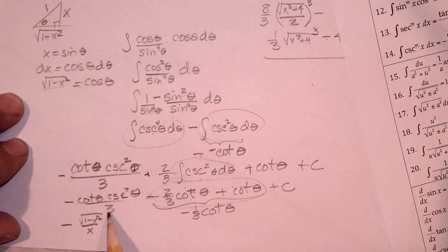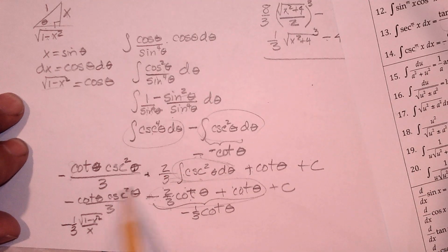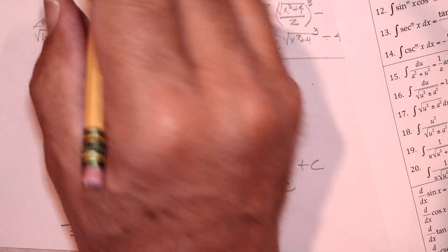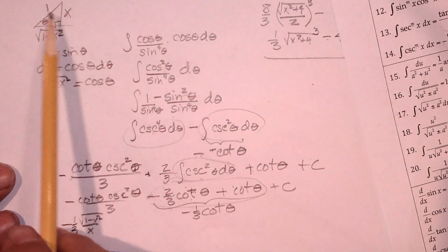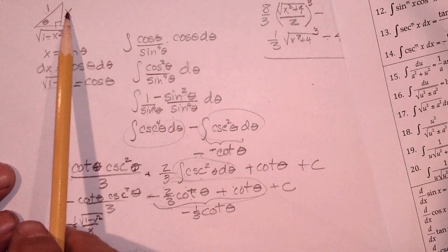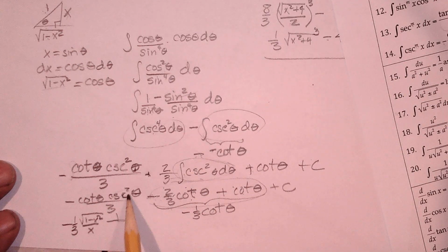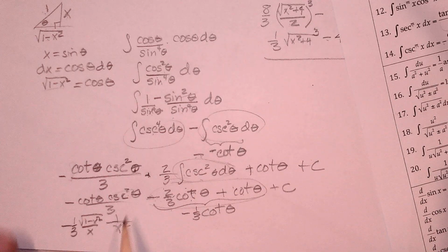That's this. This is all times 1/3 because of that 3. And then cosecant is the reciprocal of sine. Sine is x over 1, so it's 1 over x. 1 over x, but it's cosecant squared, so 1 squared is 1 and x squared.